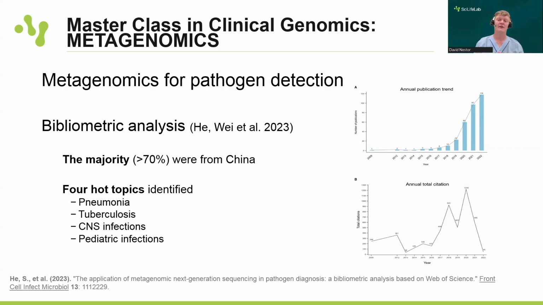Also for pediatric infections, I think partly because children can be infected by a wide type of organisms, and also often the sample volume might be very small from these small children, and these molecular techniques do not require so much volume to be performed. That might be one of the advantages for this purpose.